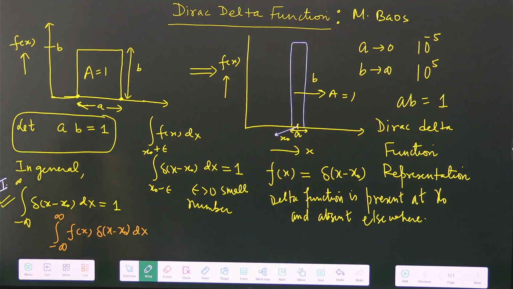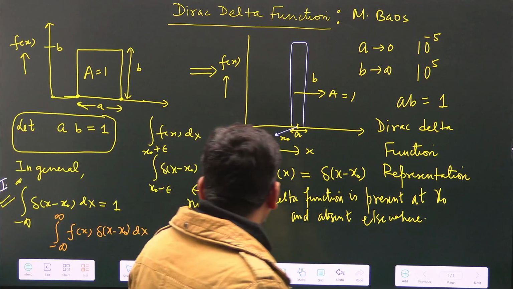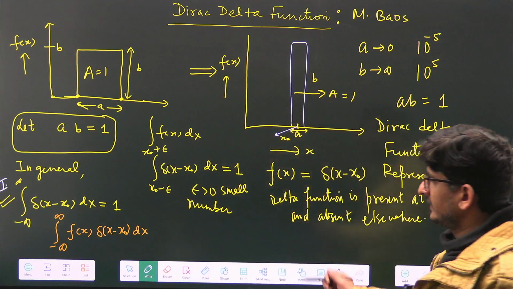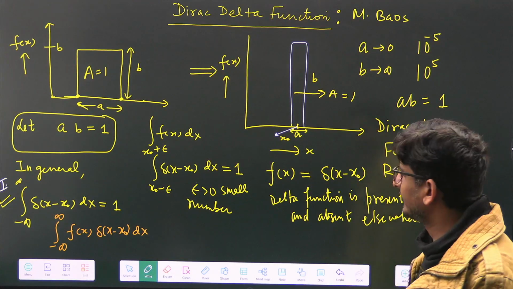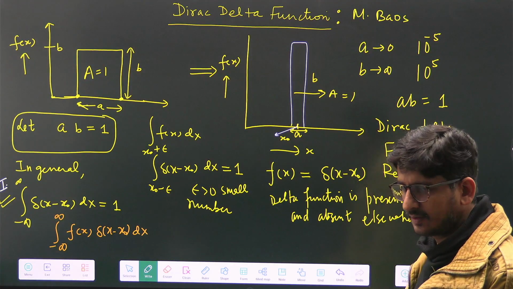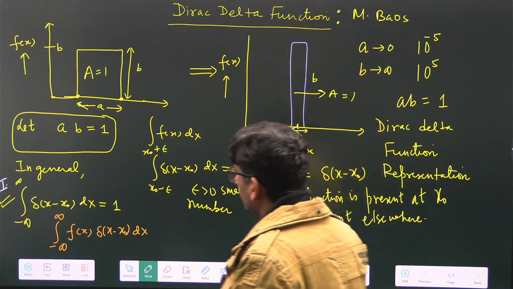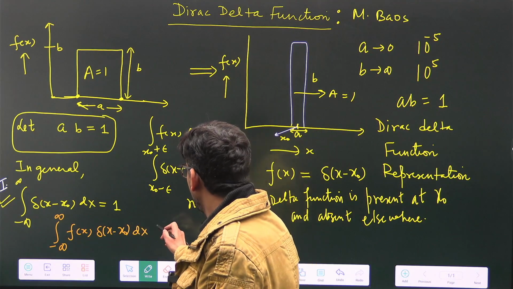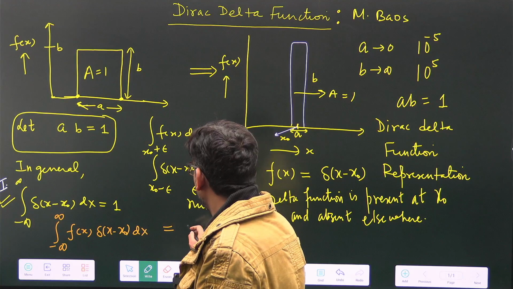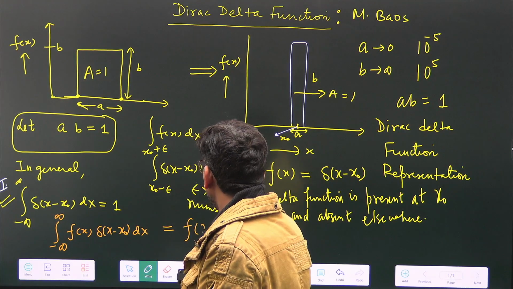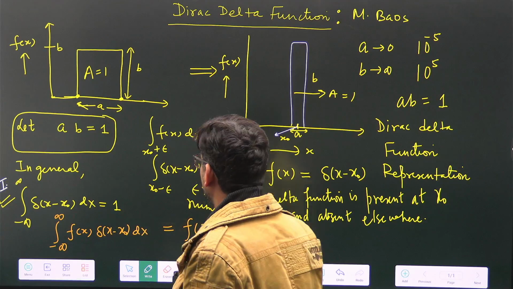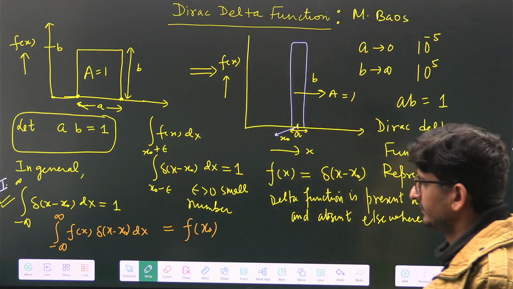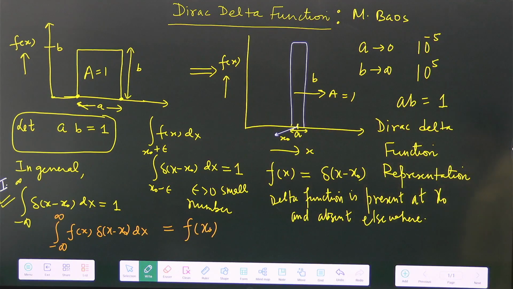So because delta function is always having the value equal to 0 except at x is equal to x naught. सो हर जगह इस इंटीग्रल की वैल्यू 0 मिलेगी एक्सेप्ट एट x नॉट, और जैसे ही x नॉट पे आओगे you will get f(x naught) and that area will become 1. So answer will be f(x naught).